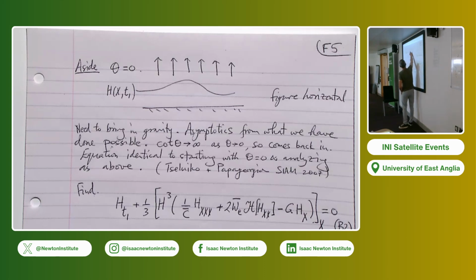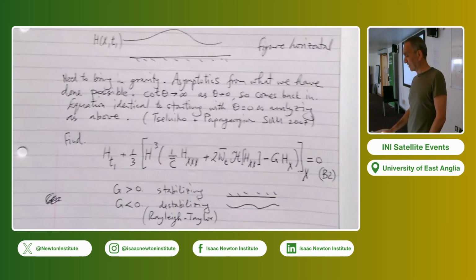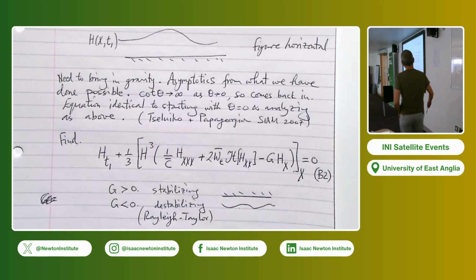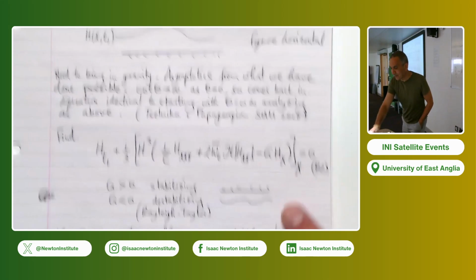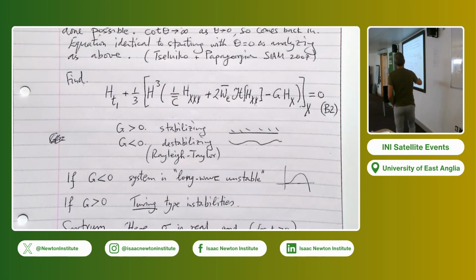So gravity is directly pointing down, and therefore this is always stabilizing. Gravity will always be stabilizing in a situation like this. So the only hope to make things unstable is to introduce an electric field. So if you do that, this is the type of equation you get.